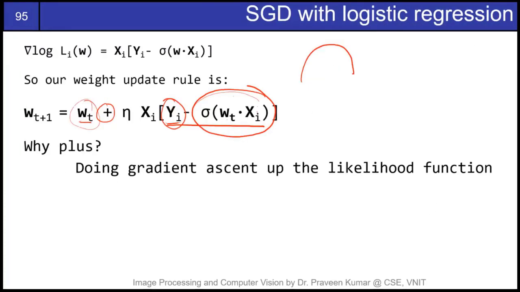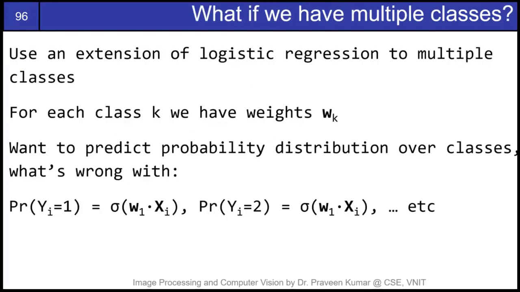So this was for a simple binary classifier, but most of the time we'll have a multi-class problem where we have multiple classes, like in the CIFAR-10 data set, where you have 10 classes. So we can use a simple extension of the binary logistic regression to multiple classes. For each class, we can have one logistic regression classifier.